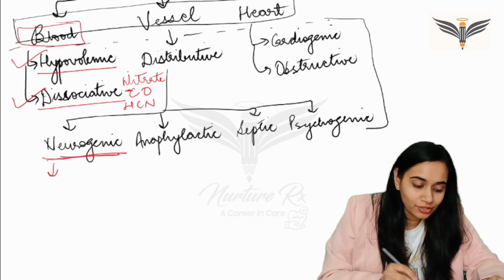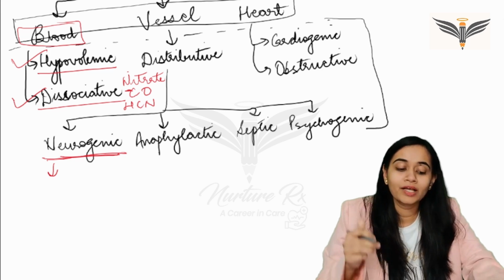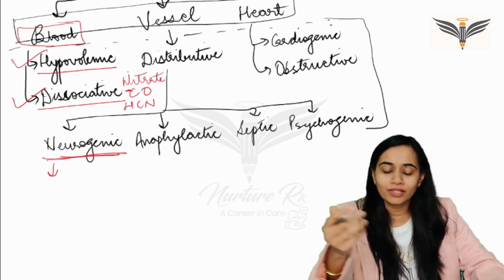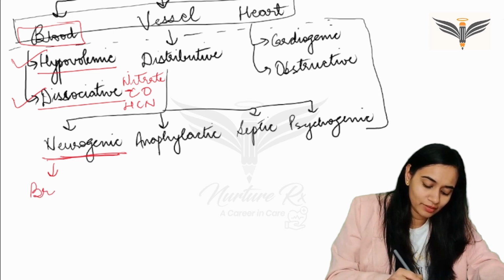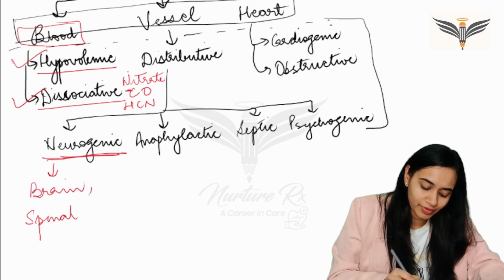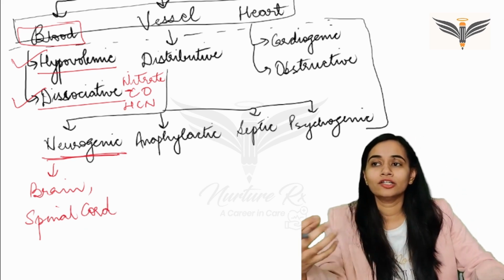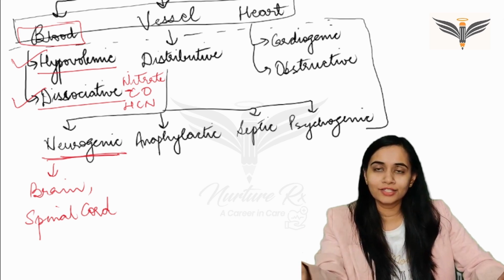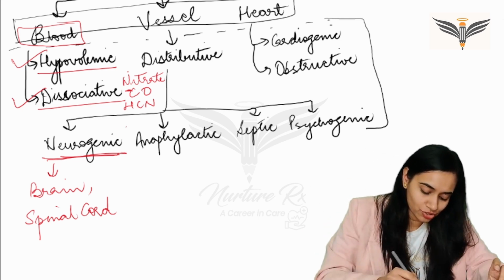Then neurogenic shock will occur. If it is related to nerves, where will the injury be? The injury will be either in the brain or in your spinal cord. So there is an injury in the brain or spinal cord which has caused loss of the power of contraction or dilatation, which results in neurogenic shock.